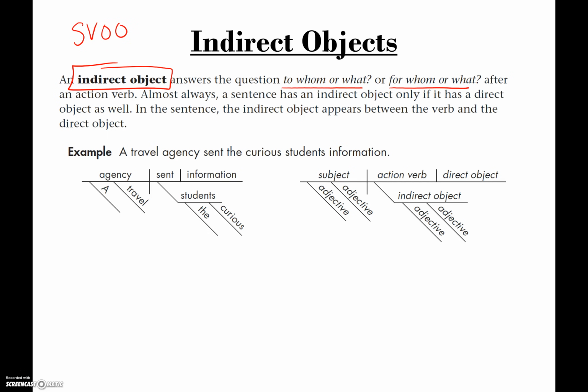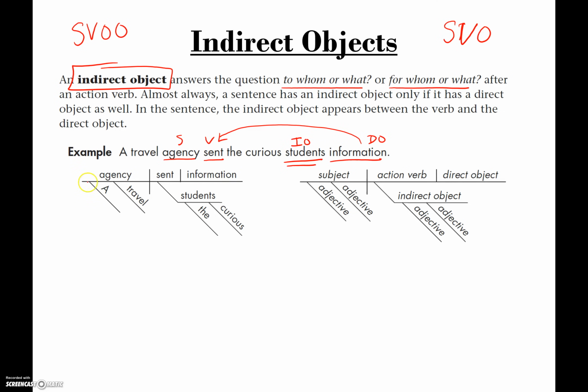Whereas before, when we were just talking about direct objects, we were talking about SVO, subject, verb, direct object. So if you look at this first example, the travel agency sent the curious students information. The agency sent is our subject verb. The information is the thing that's being sent, so that's our direct object, and it's being sent to the students. So students is our indirect object.